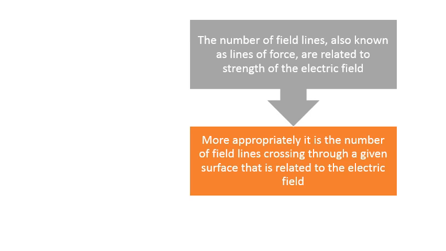As I told you, electric field is represented in terms of field lines. The number of field lines, also known as lines of force, is related to the strength of the electric field. More appropriately, it is the number of field lines crossing a given surface that is related to the electric field.